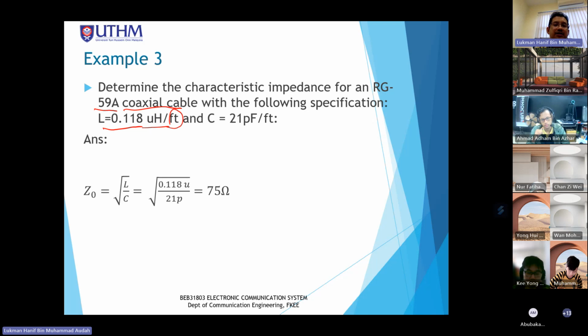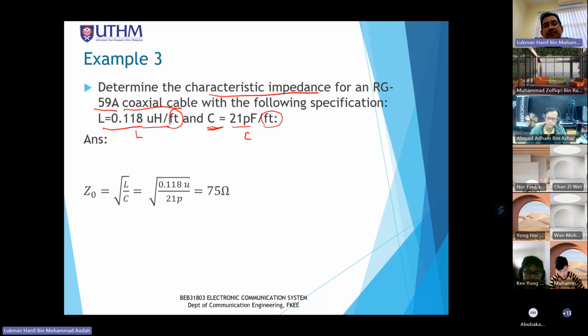This example uses feet instead of meters. The capacitance parameter is 21 picofarad per feet. Determine the characteristic impedance.